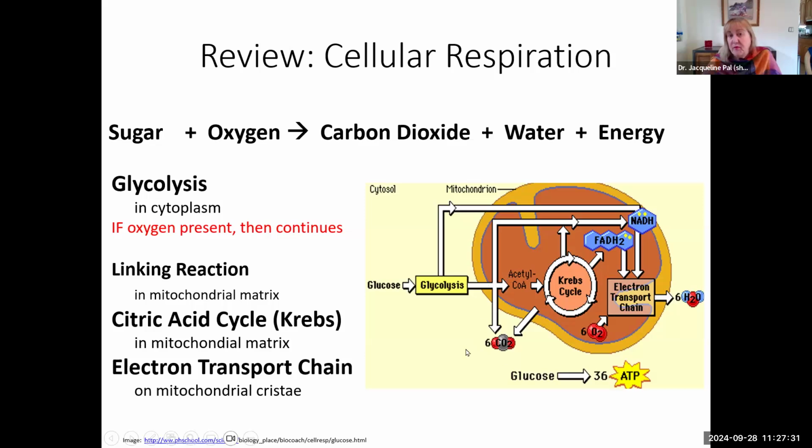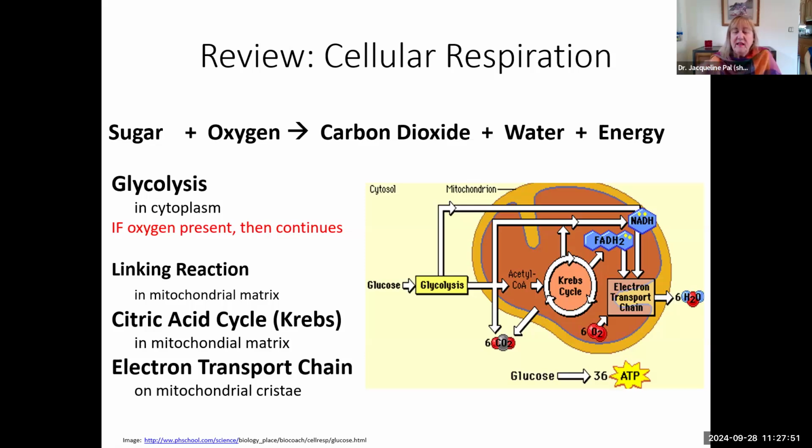We will also have produced some carbon dioxide and more NADH. In the Krebs cycle, we will create more carbon dioxide. In the mitochondrial matrix, we will also create more electron carriers in both NADH and FADH2.